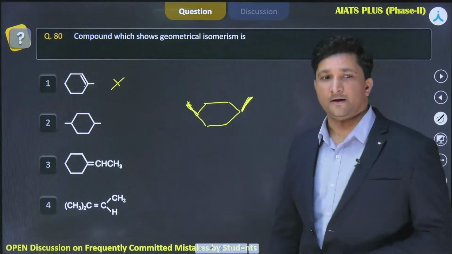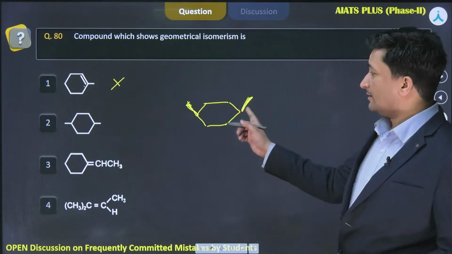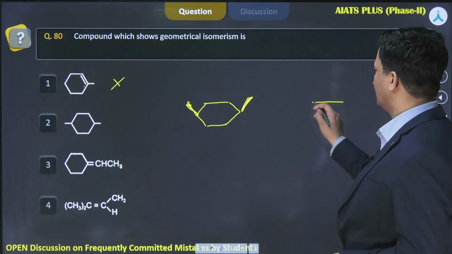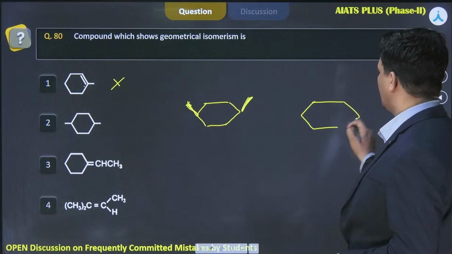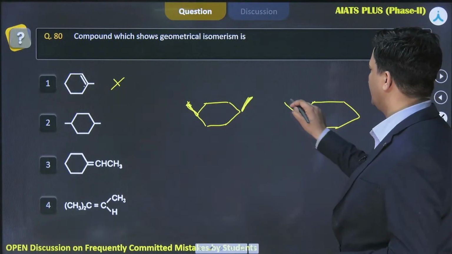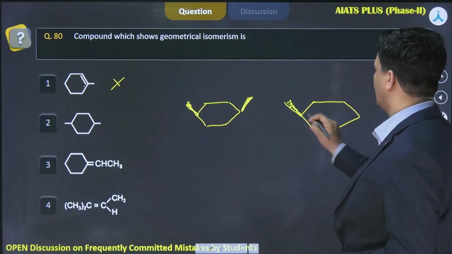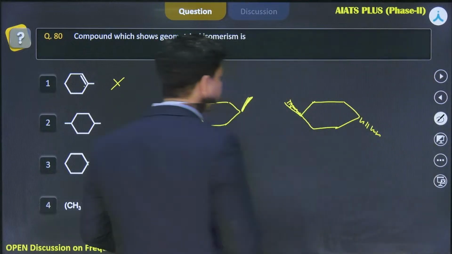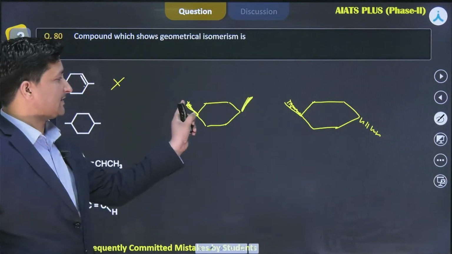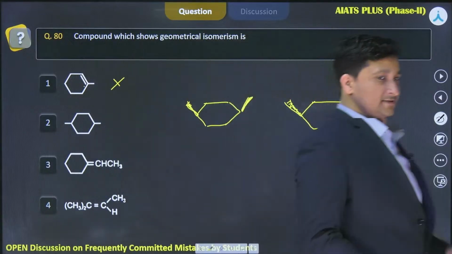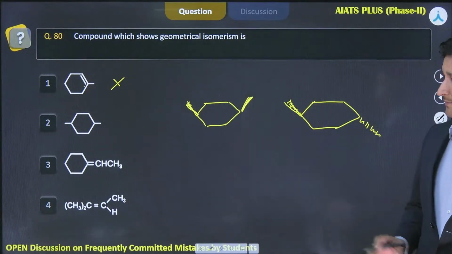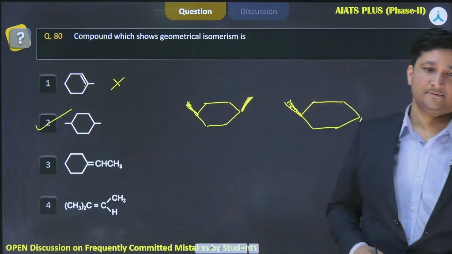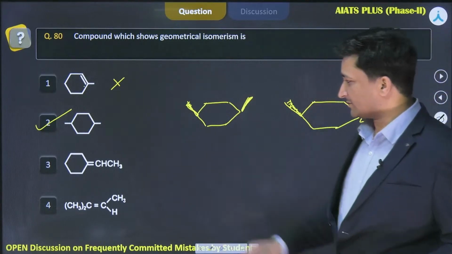You can see here, if both the CH3 are coming above the plane, and in another one is above the plane and another is below the plane. In such case, you can see a different arrangement is possible. Distance between CH3 here and CH3 here has changed. Yes or no? And this is the reason why this second will show the geometrical isomer. Okay. Let's talk about other options also.